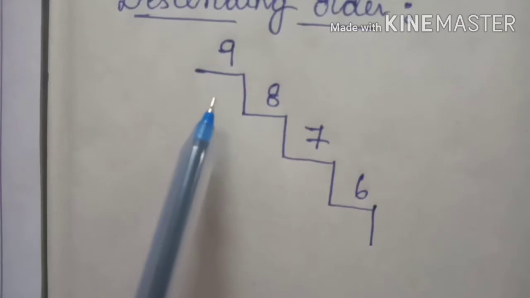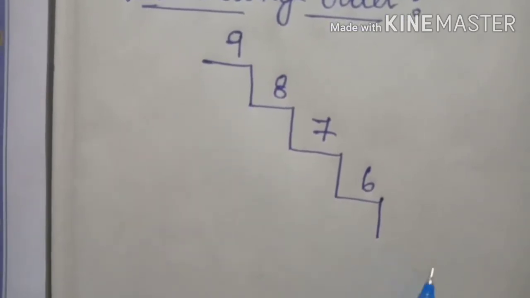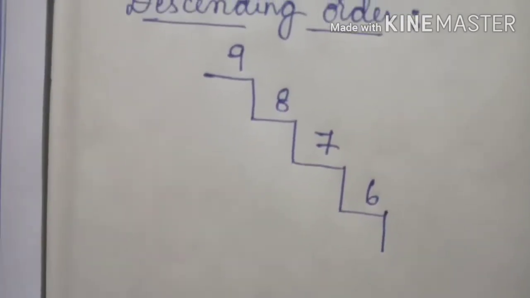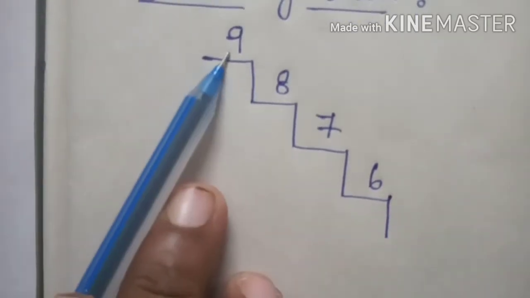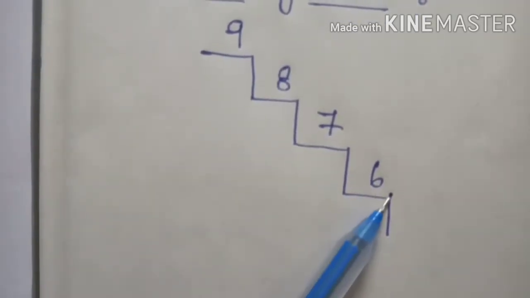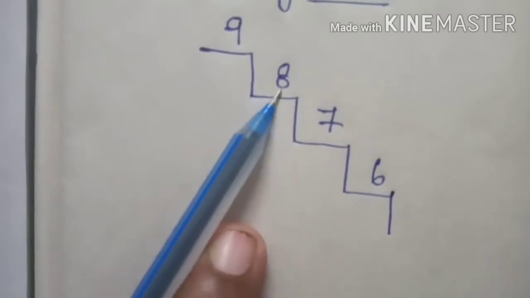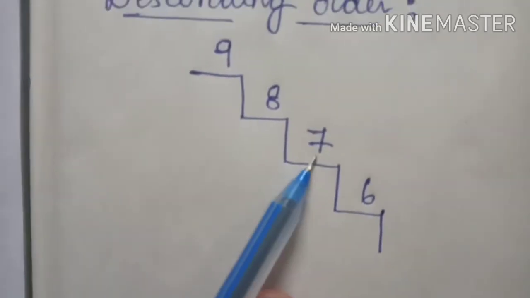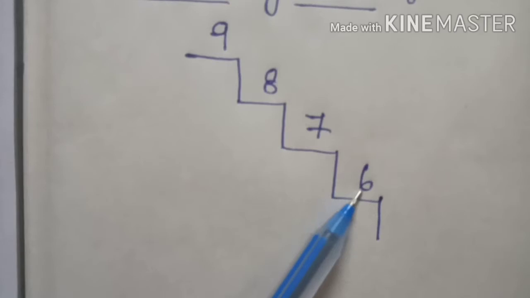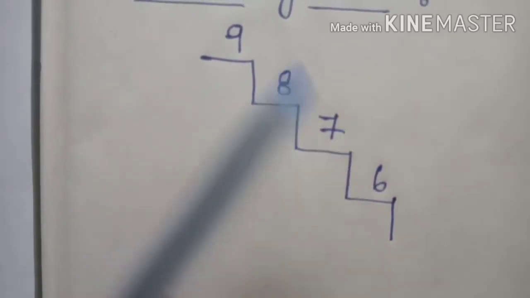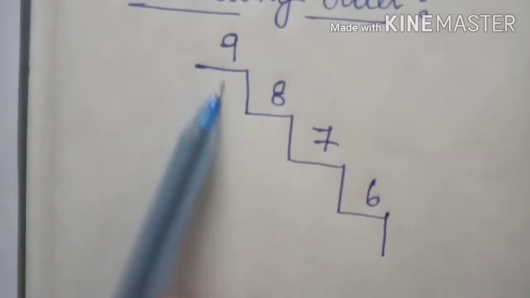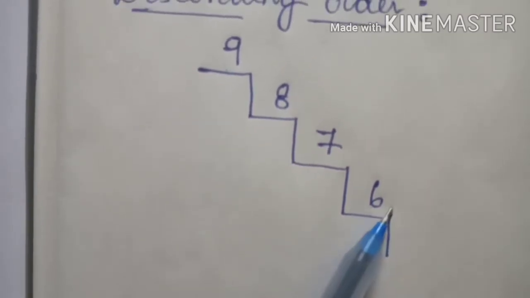You can see descending order means decreasing order. Decreasing order means arranging the numbers from biggest to smallest. See here, 8 is smaller than 9, 7 is smaller than 8, 6 is smaller than 7. So here 9 is the greatest number and 6 is the smallest number.